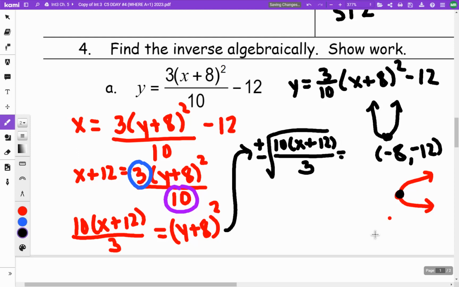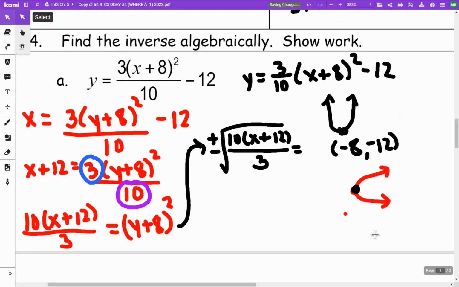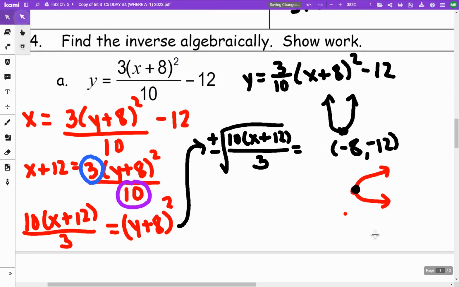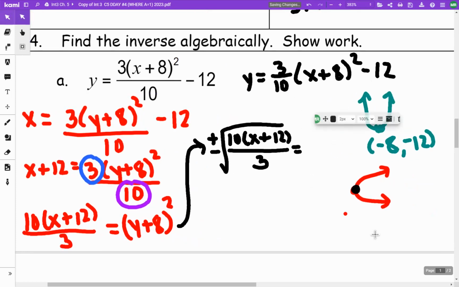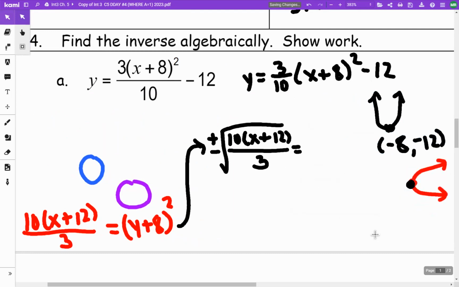And that's going to equal y plus 8. And then I'm going to subtract the 8.